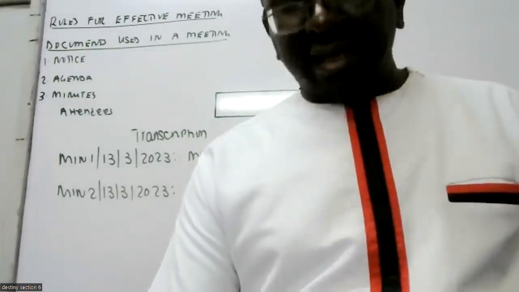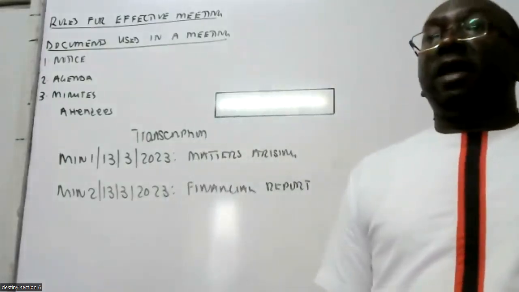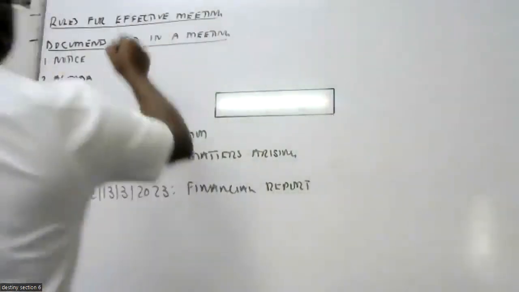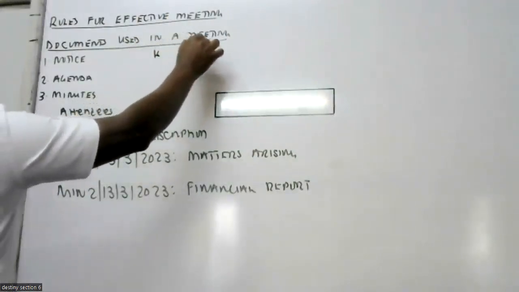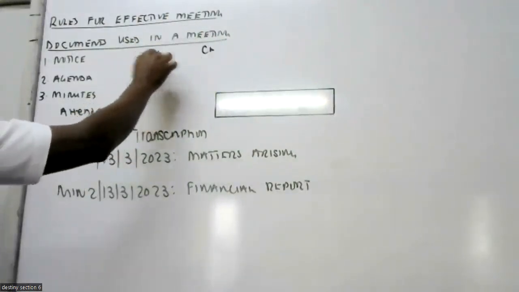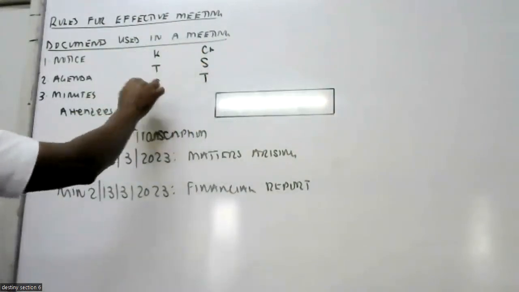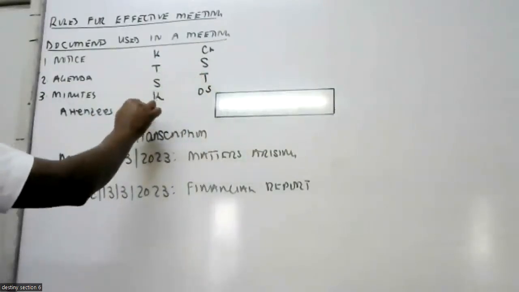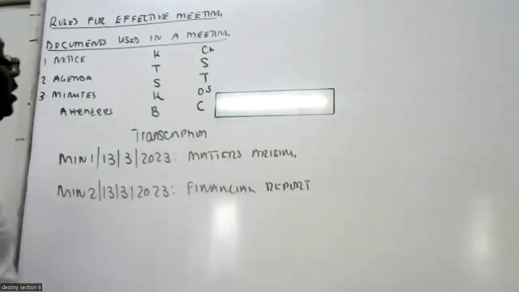They should show us those who are present in the meeting. So if this is Kimani, who was the chairman, if this is Tekra, who was the secretary, if this is Sam, who was the treasurer, if this is Kelvin, who was maybe the organizing secretary, this is Bridget, who was the coordinator, and so on.